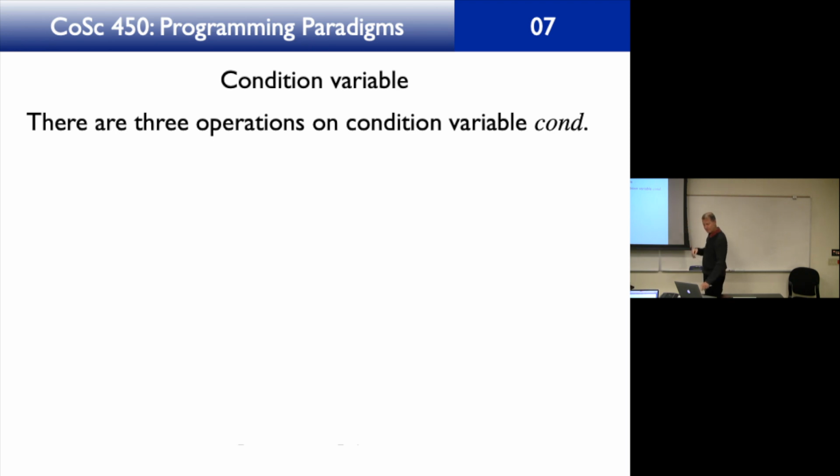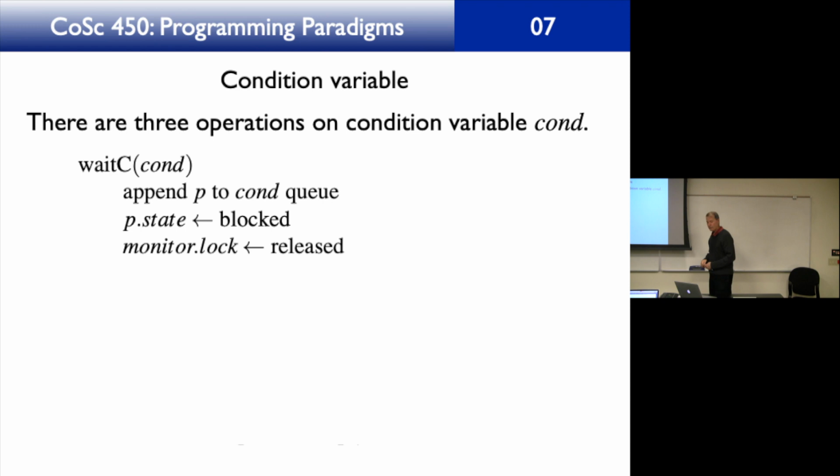There are 3 of them. First of all, there's wait C. Why do we call it wait C? Because we want to distinguish this from the semaphore, which has a wait operation. We don't want to confuse this with the semaphore wait, so we call it wait C, and wait C means wait condition variable.